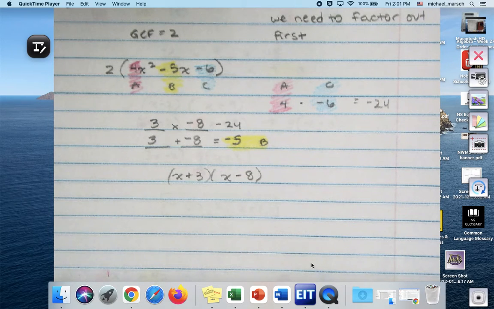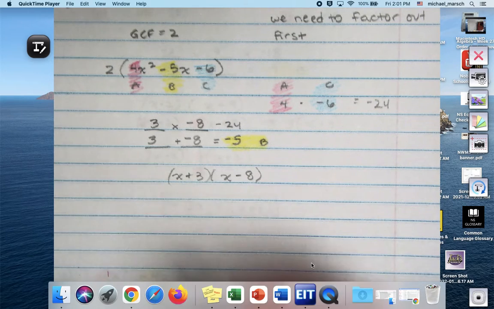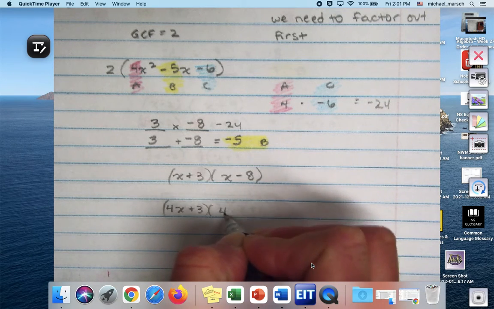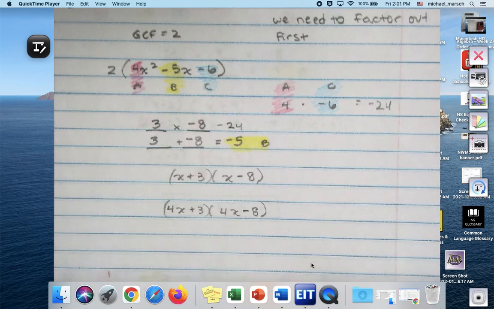What value am I going to put into both of those quantities? 4. Excellent. 4x plus 3 times 4x minus 8.